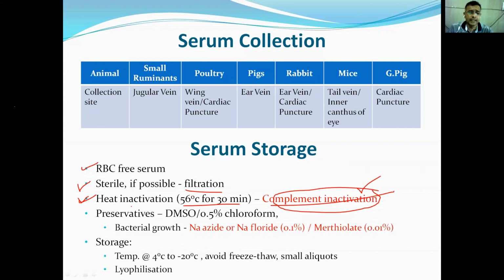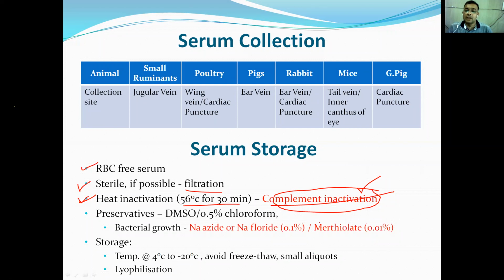Once you have done heat inactivation, you may need to add some preservative. It is not ideally required every time, but in some situations, when you are planning to store the serum for a longer time, you may use DMSO or chloroform, or if you want to check bacterial contamination, then you can add sodium azide or sodium fluoride at the rate of 0.1% in serum, that will check the bacterial growth and preserve the serum for a longer duration.